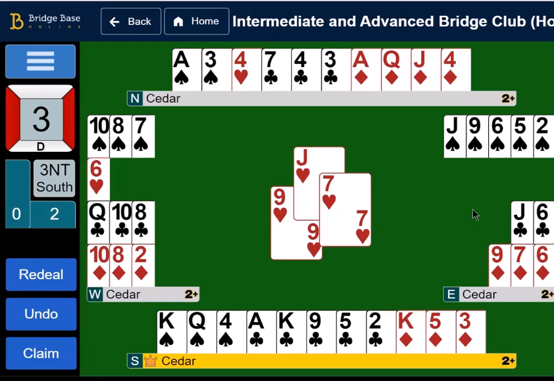However clubs break, if they're 3-2, I can cash the ace and the king. Only 1 player will be able to beat the 9. And similarly, if they're 4-1, I can cash the ace and the king. Only 1 player will be able to beat the 9. So the 9 of clubs is a threat as well.